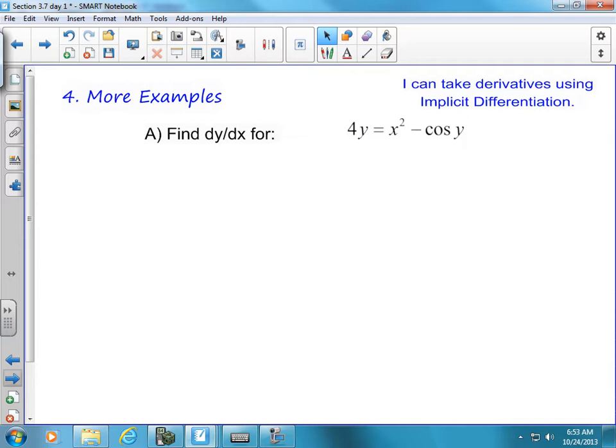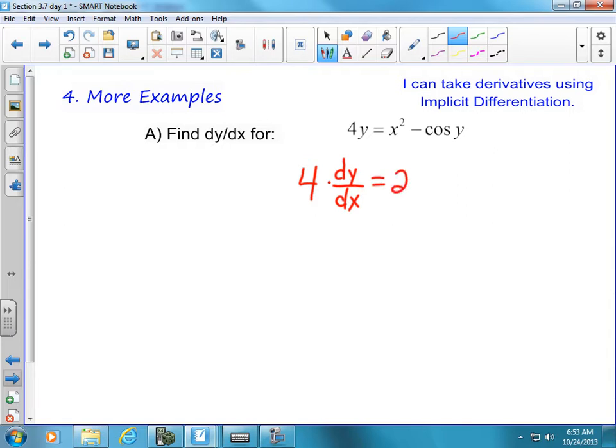All right, more examples. The way we take the derivative of 4y is, the derivative of 4y is 4, correct? And then the derivative of the y is just dy dx. All right? So y is considered to be a function in this case, and we take the derivative of the 4y, which is 4, and multiply times dy dx.